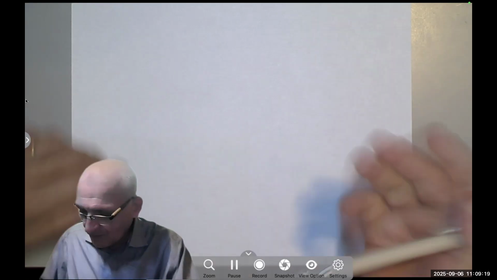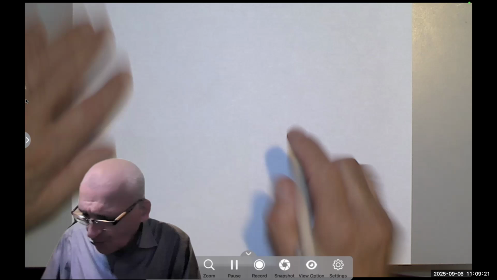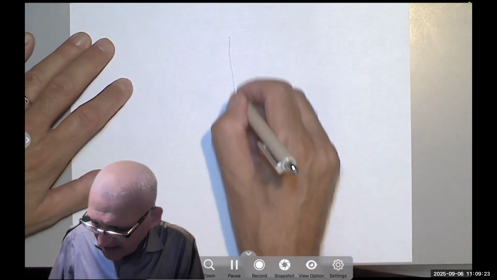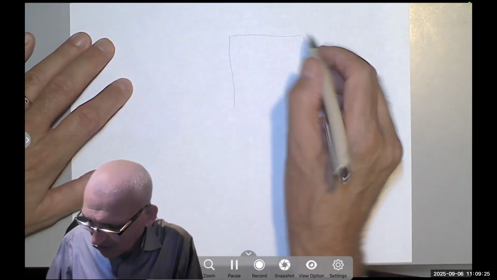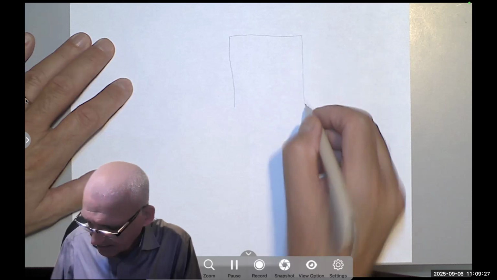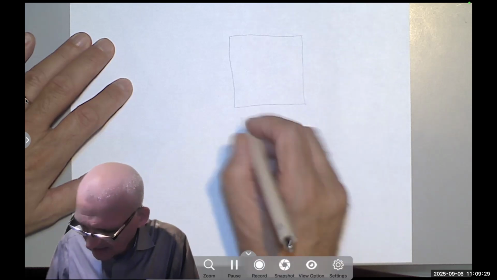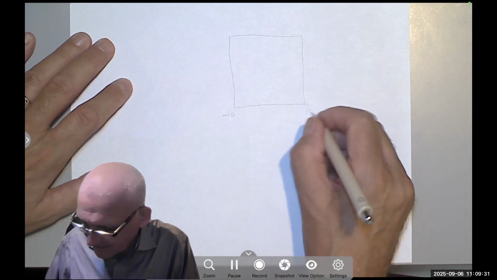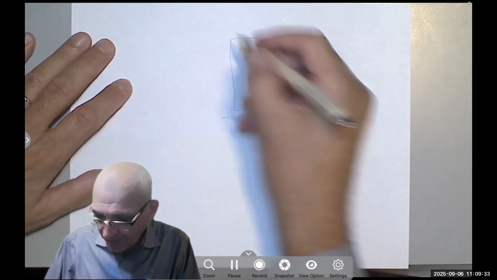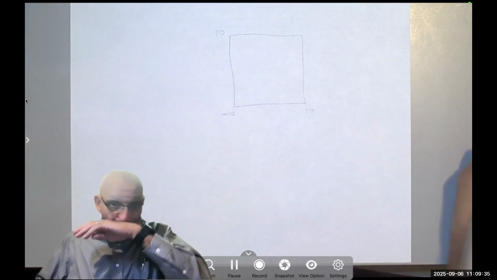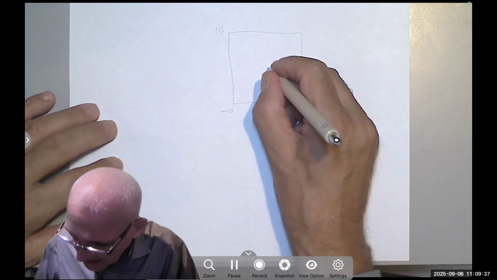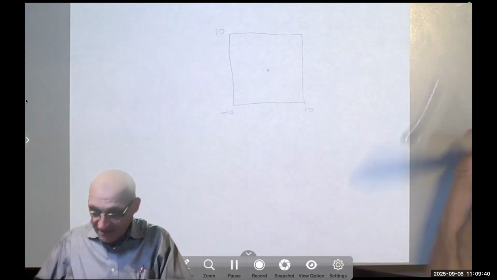So basically, what we are going to assume here is that we have a square area, let's say of size 20 by 20 units. Okay, so let's say this is -10, this is +10 along the x, and -10 to +10 along the y. And in the middle, at the origin, there is a particle at 0 and 0.